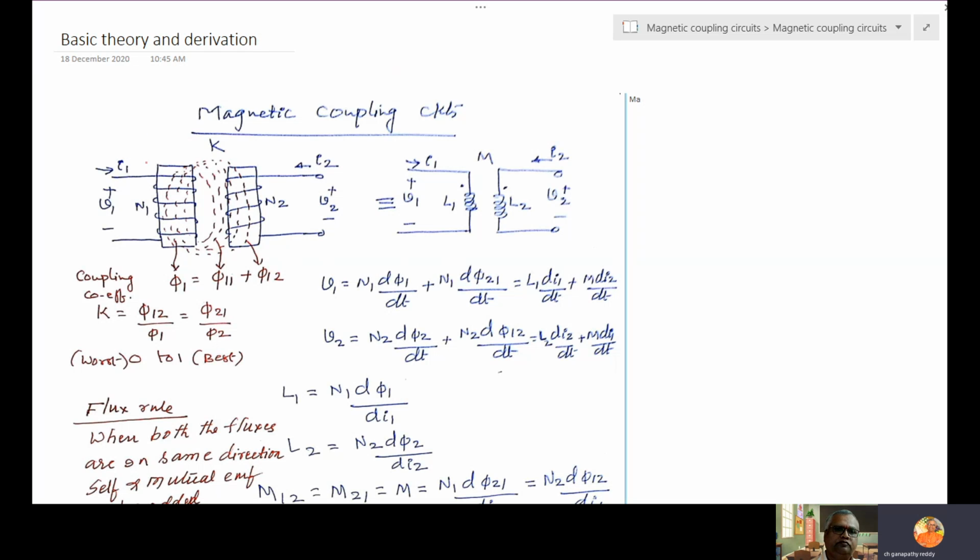The number of turns in the secondary is N2, and the number of turns in the primary is N1. Now we are applying V1. V1 is a sine wave.